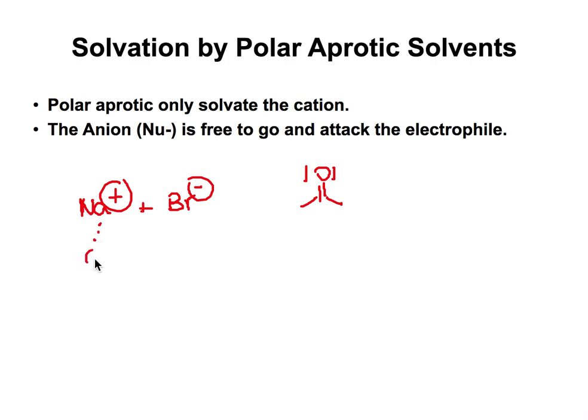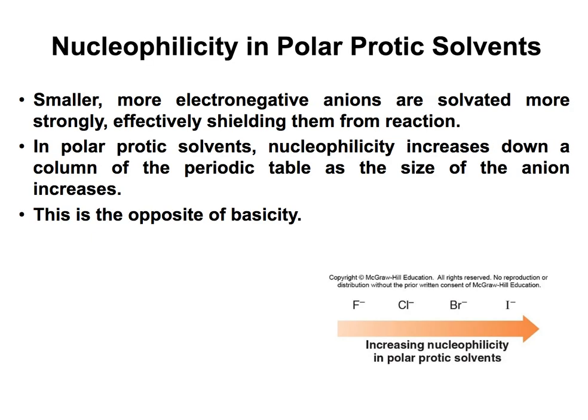So the lone pairs on the oxygen will be surrounding here the sodium, right? Imagine we have it like that. But they will surround the Br, but they will not interact with it. So they will be physically around the Br, but they will not have any type of interaction. So how is that going to affect nucleophilicity?